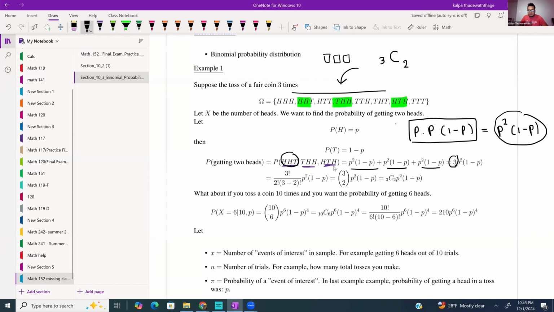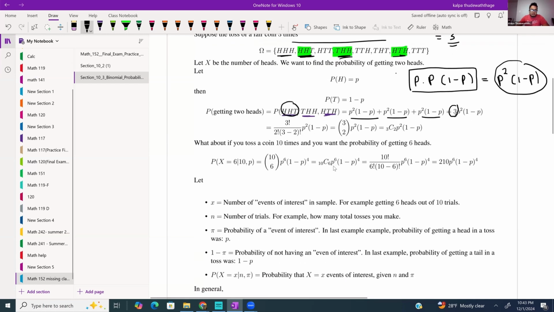How many 2 heads can you have? Because the length is just 3 for each one, but I'm concerned about how many 2 heads. So it's 3 factorial over 2 factorial times the difference, 1 factorial. It's just 3. That's how this number comes. Here it's clear because I highlight them. But if you toss a coin 10 times, how many ways 2 heads can happen is very different than if you toss a coin 3 times.